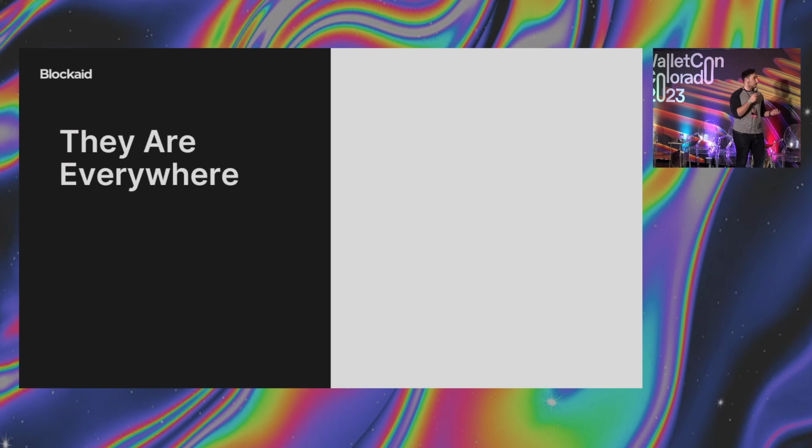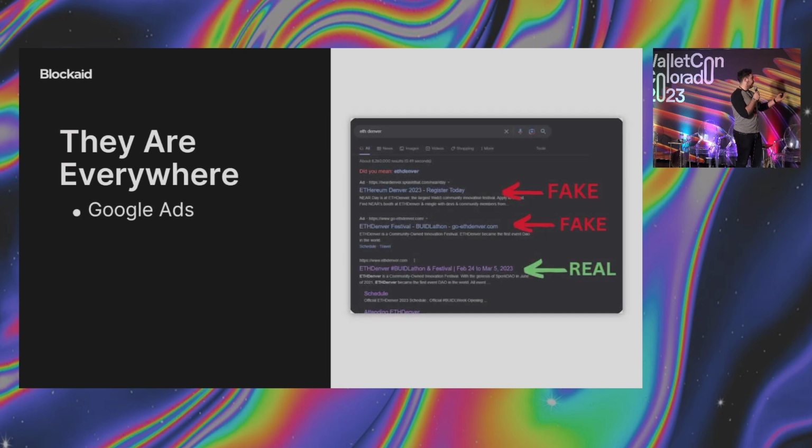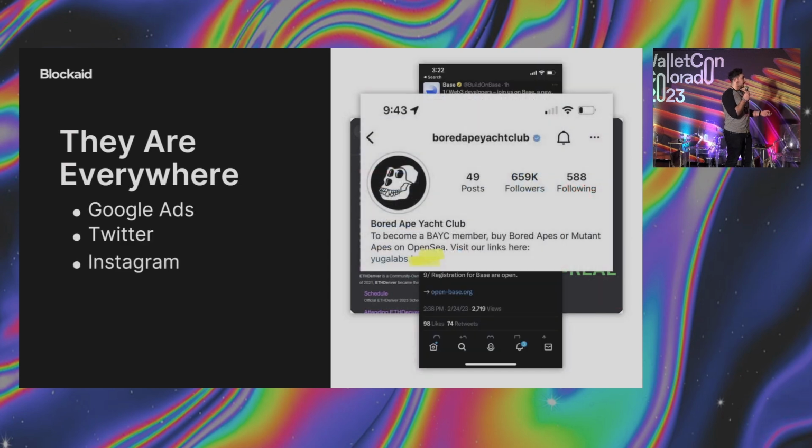Basically, they are everywhere. First of all, Google Ads. I'm sure you are familiar with the ETH Denver phishing campaign. Searching for ETH Denver on Google, you get three ads: two of them are fake phishing sites that will drain your wallet, and only the third one is real. You have the same on Twitter and Instagram.